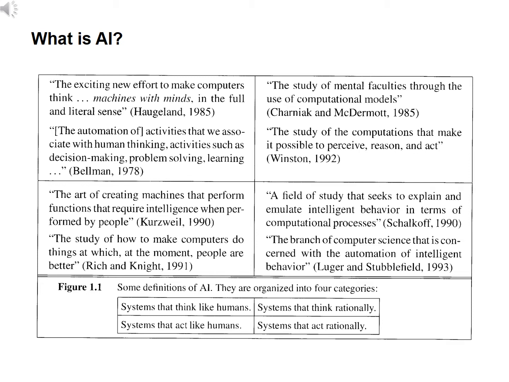In the upper right corner, you see the definitions of the AI systems that think rationally. And in the lower right corner, you see the definitions of the systems that act rationally. Please read well these definitions and think about their differences and think about their common points.